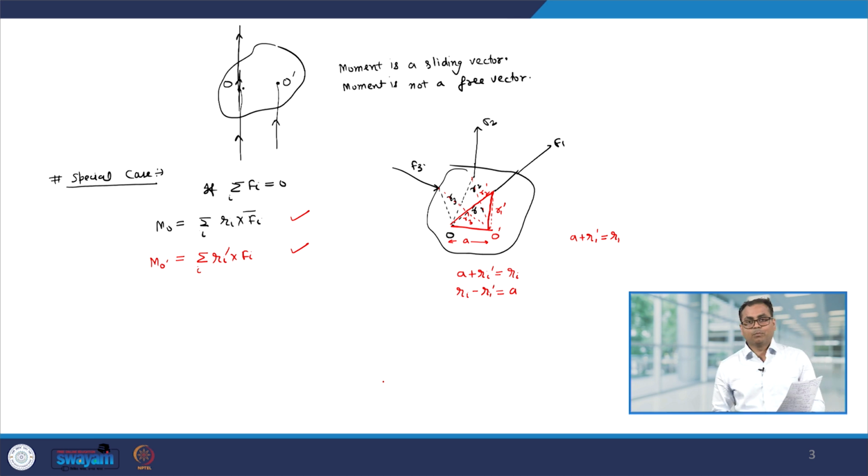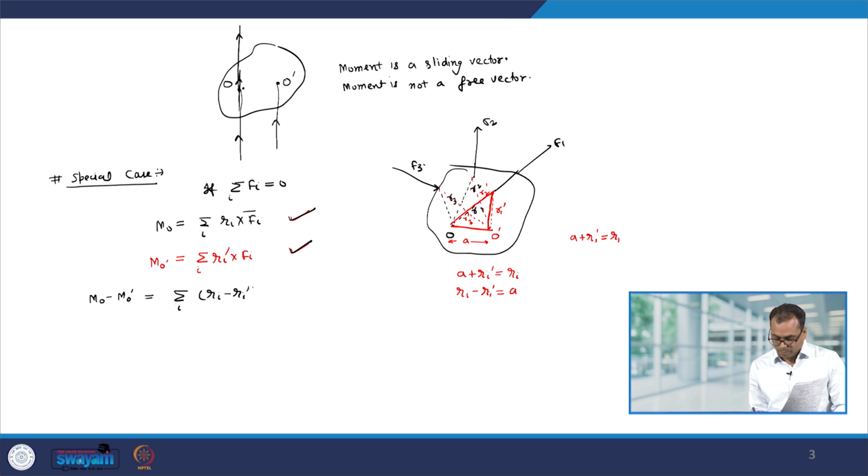Okay. So, now we have the moment about O and we have the moment about O prime. Now, let us look at the difference between these moments. So, the moment about O minus the moment about O prime will be the sum over i. So, we have to take the difference between this and that. So, it will be Ri minus Ri prime cross Fi.